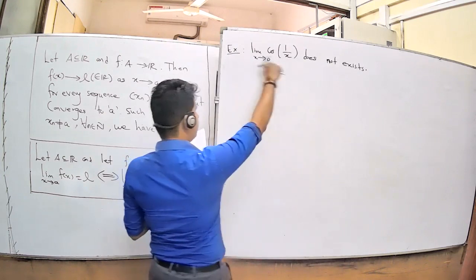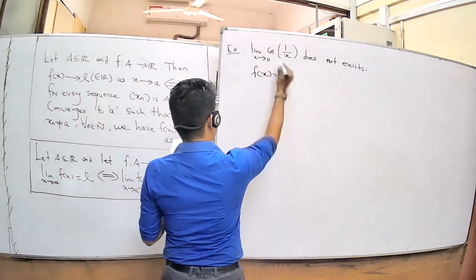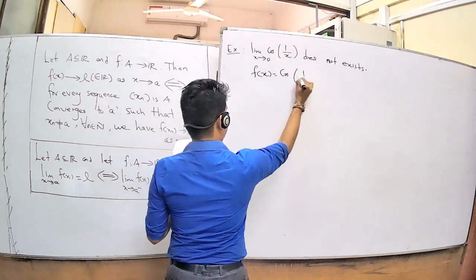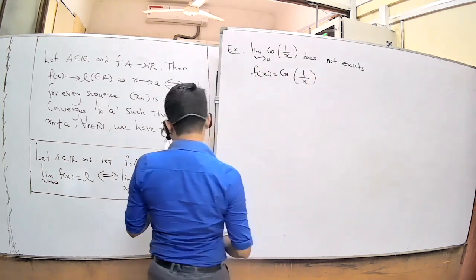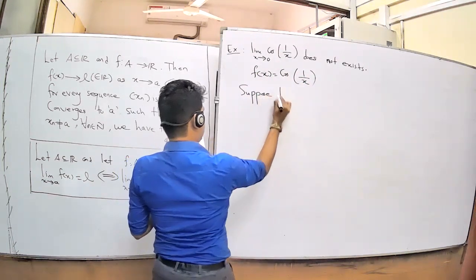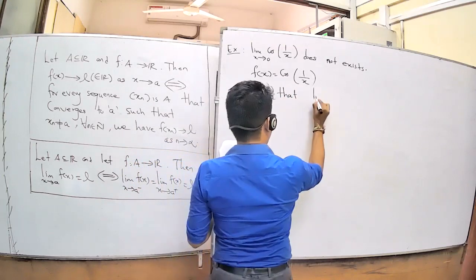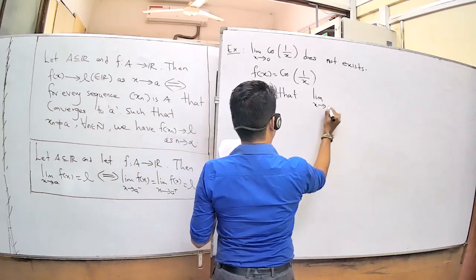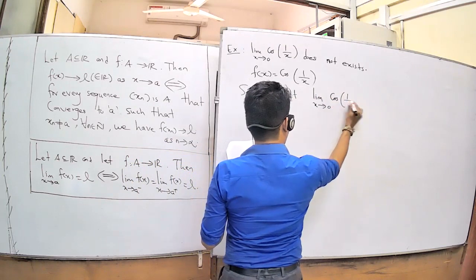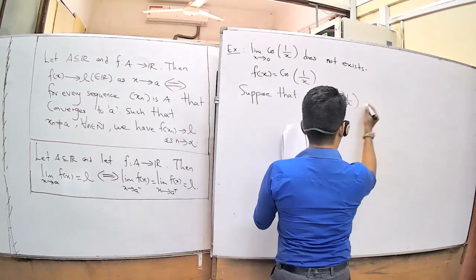For this one, we assume that this limit exists. You take your f of x as cos 1 over x. Suppose that the limit of x tends to 0 of cos 1 over x, that is f of x, exists.